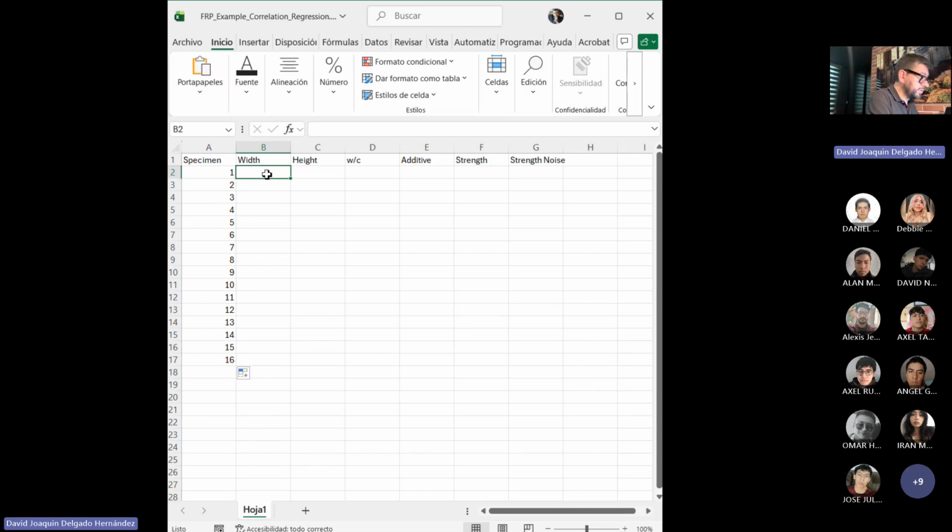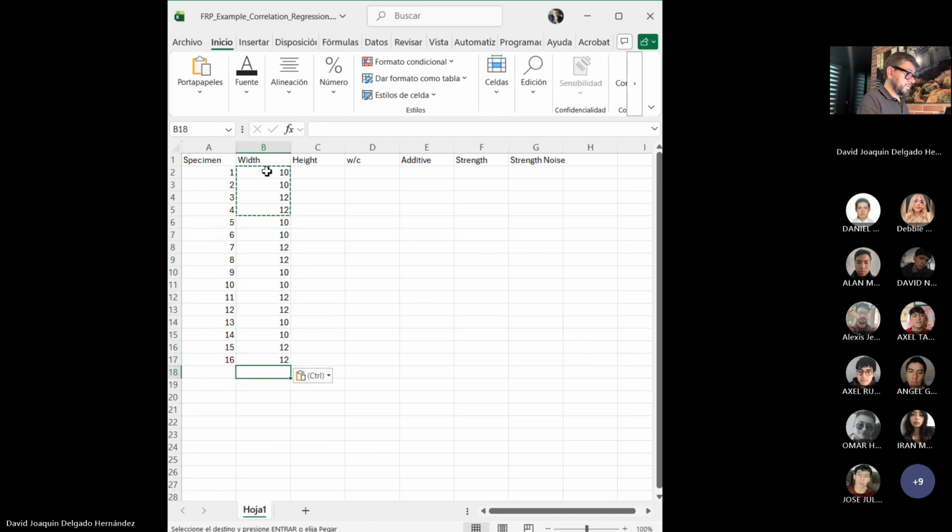So let us put 10, 10, then 12. And I am going to copy this pattern 4 times. 10, 10, 12, 12, 10, 10, 12, 12, and so on, okay?